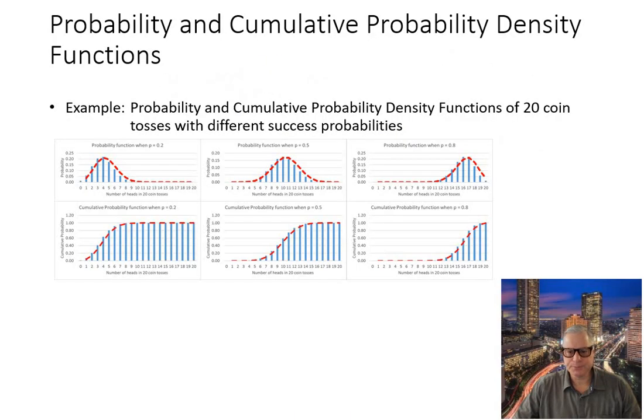Okay, so now we can use the binomial distribution in order to visualize various distributions depending on the number of trials and certain success probabilities.